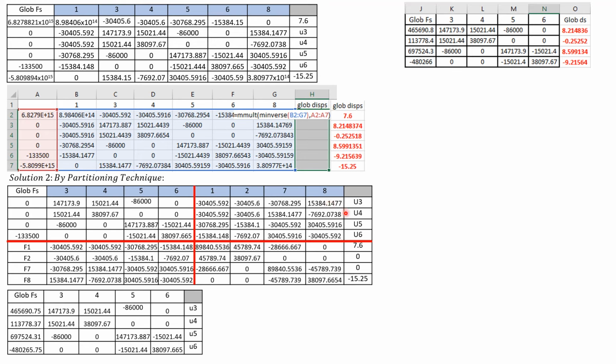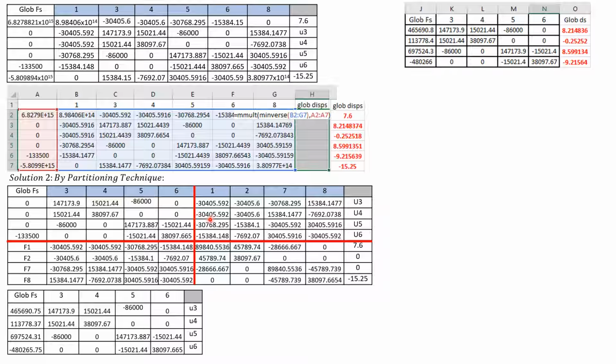Then 15,384.1477 times negative 15.25. So the expansion is negative, then transpose to the left, 0 plus positive value, it becomes 465,690.75.